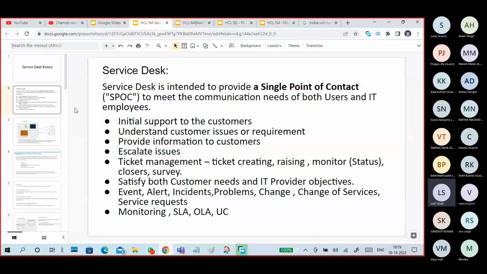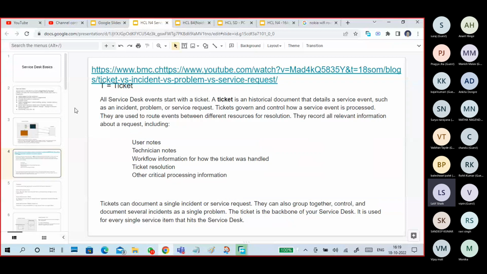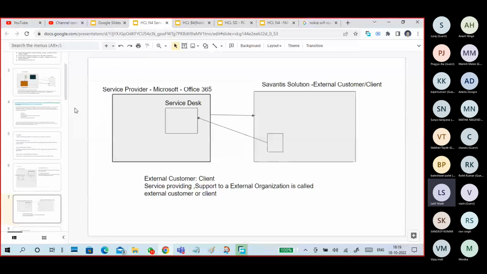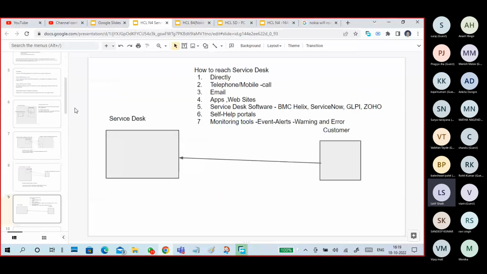Of course, there are terminologies also. What is the service provider? What is the customer? What is a ticket? What is service desk? It is compulsory to know what a ticket is. Who is the customer, types of customers, where is the location of the customers, internal and external customers. How to reach the service desk: different ways, depending upon the organization or service provider.